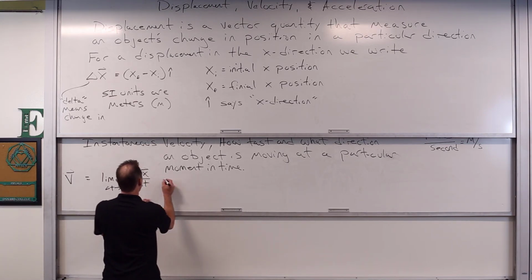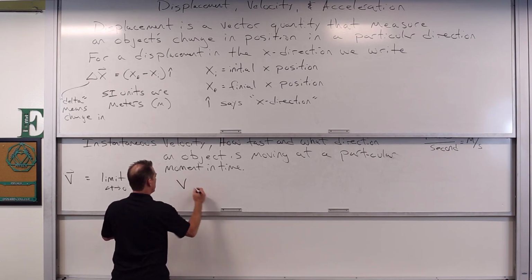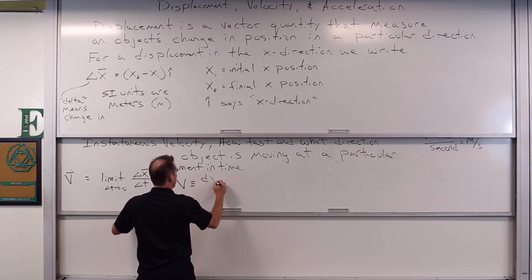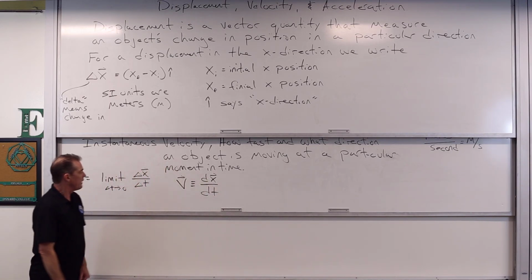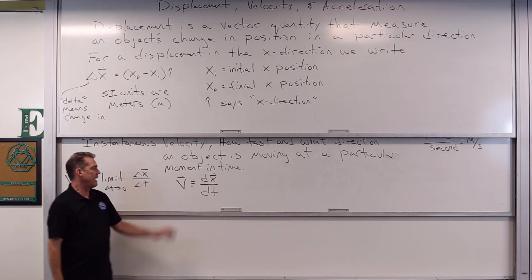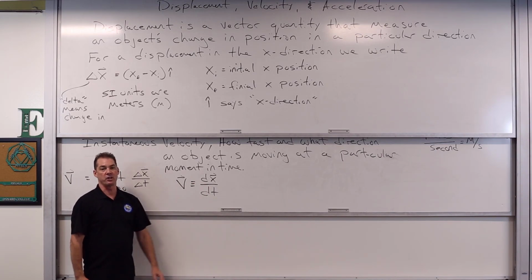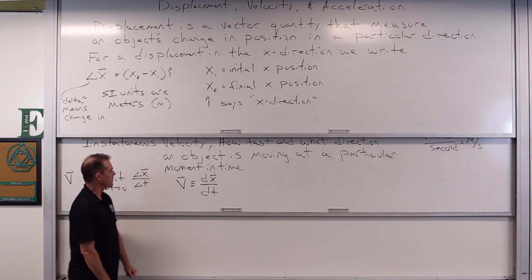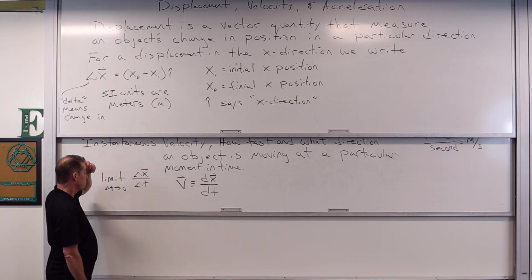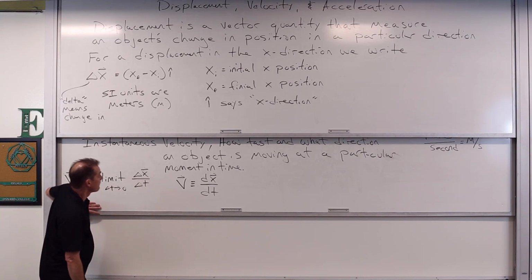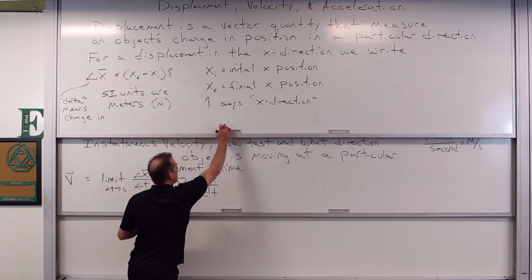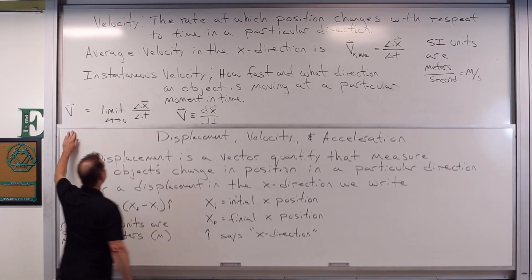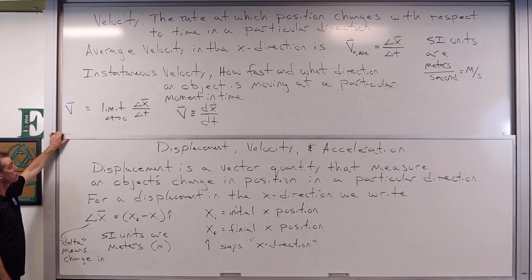So the true definition of instantaneous velocity is the first time derivative of position. And that's it. So there you go with that. Anyways, that's what we have. And we want to keep on moving.